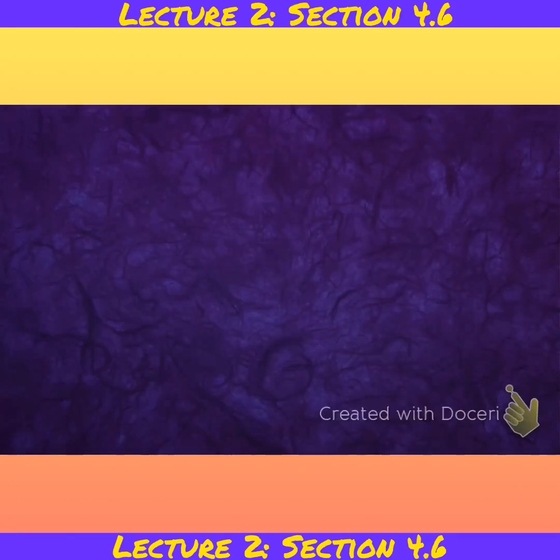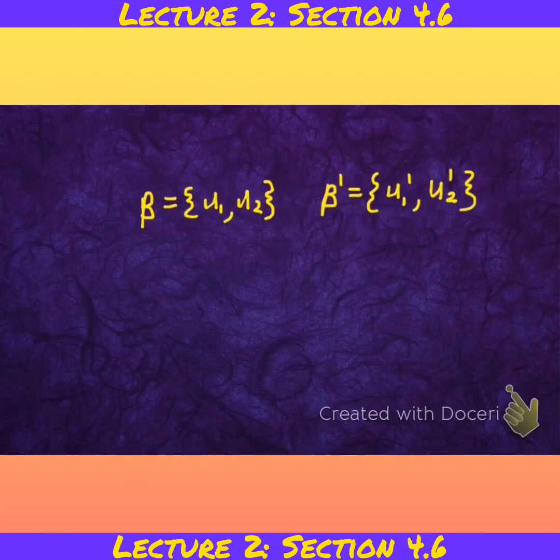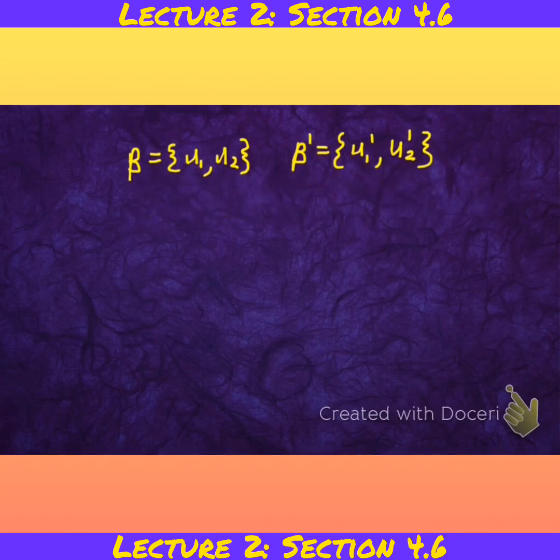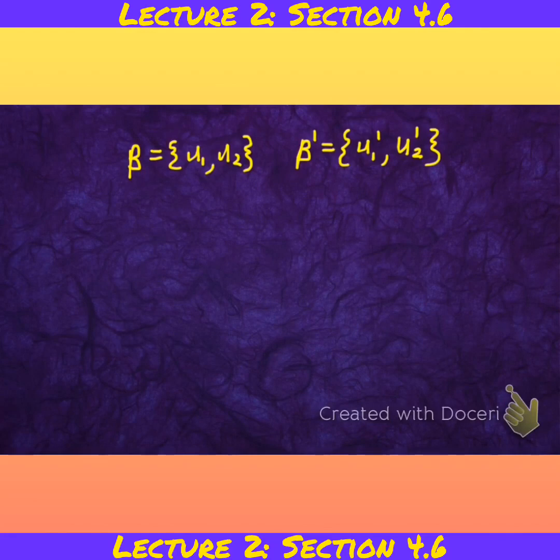Perhaps it would be in order for us to look at an example. Let's take this simple case. You've got two bases, basis B and basis B prime, for a vector space, and both bases have two vectors: u1, u2, and u1 prime, u2 prime.